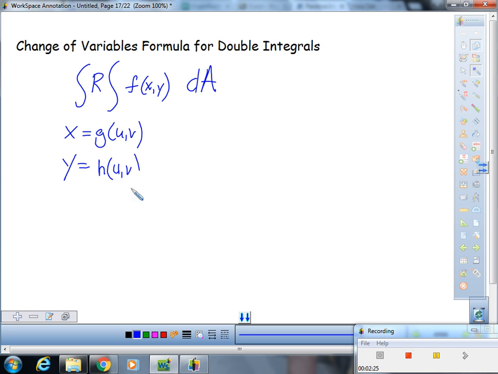If those are our circumstances, then we can change our region from an R to a different region, S. And now, instead of integrating over our function in terms of x and y, we're going to turn our x into g of u comma v, and we're going to turn our y into an h of the same variables.